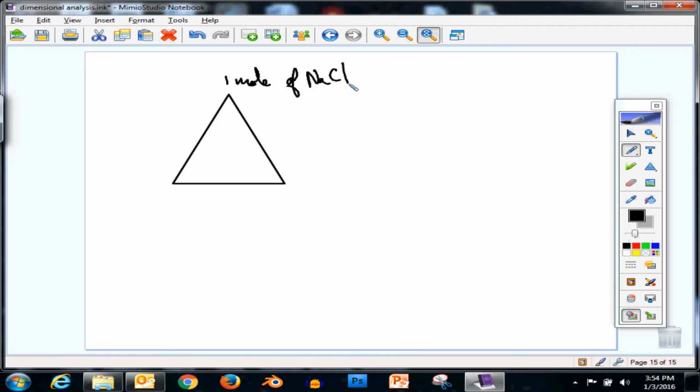So 1 mole of table salt, NaCl. Now, on a side note, if you're wanting to abbreviate the word mole, you can't write an M because that stands for mass. You've got to write MOL.